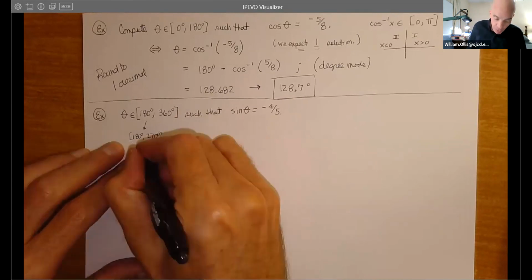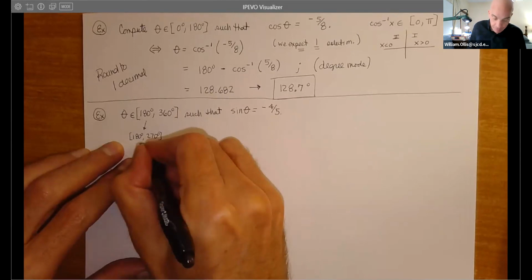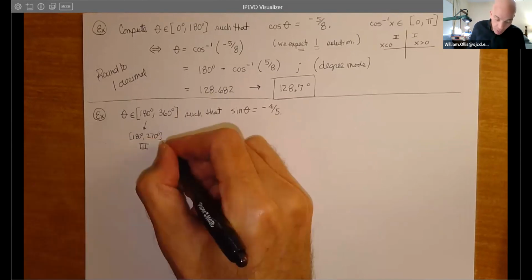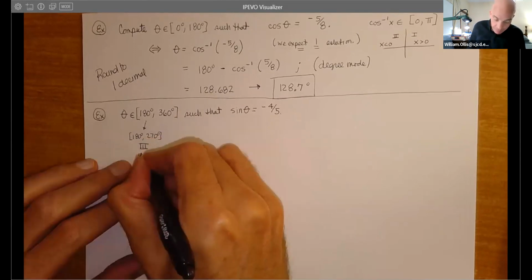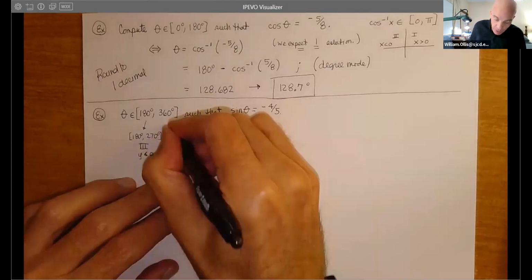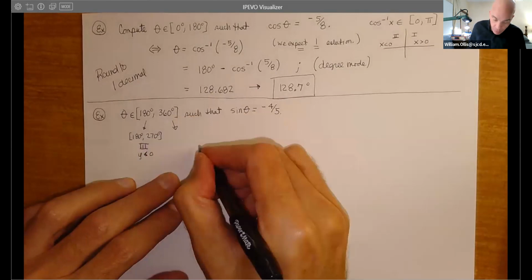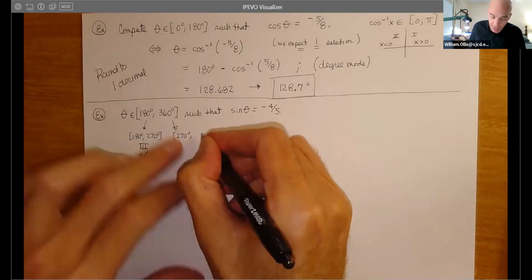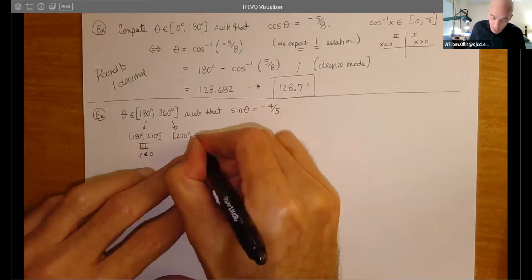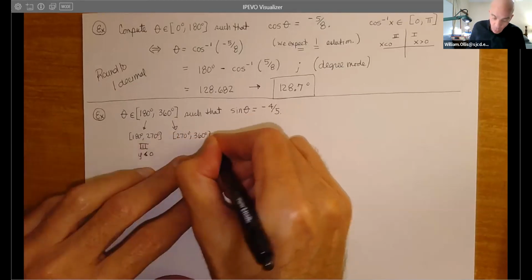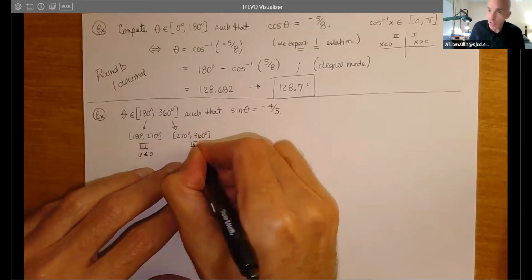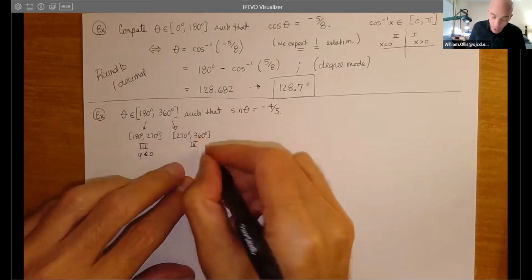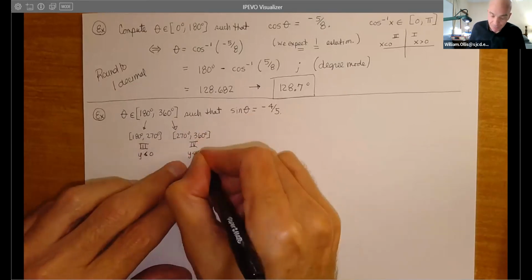So this is quadrant 3, and here we know that y is negative. And then, of course, if we look at quadrant 4, so excluding the endpoints, even though I don't want to kick them out because the problem came to us that way, we have quadrant 4, the interior of this interval, where y again is negative.